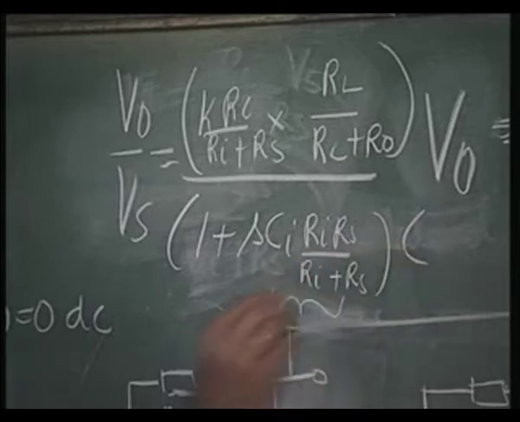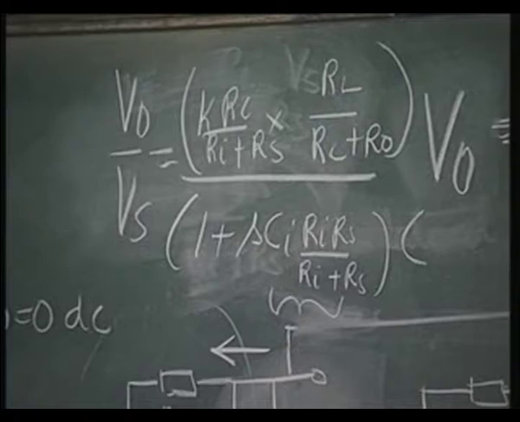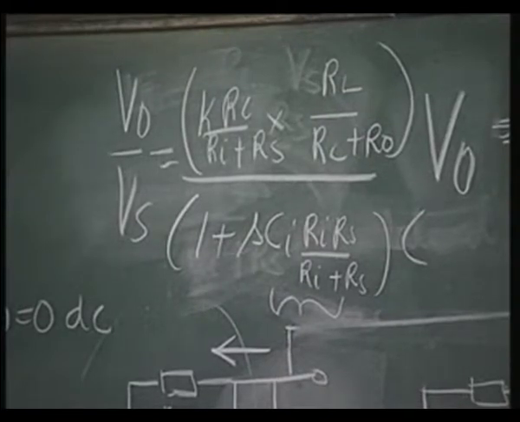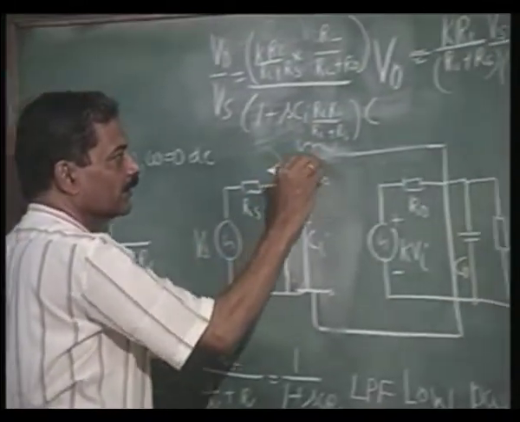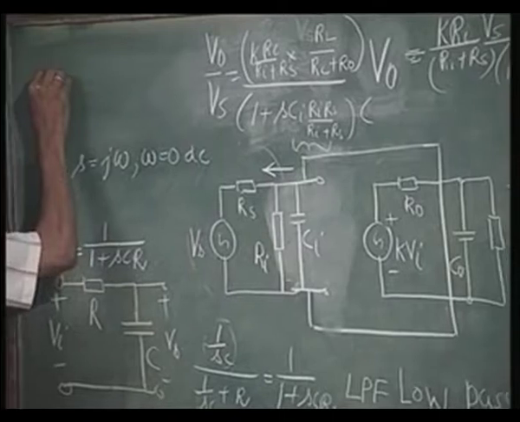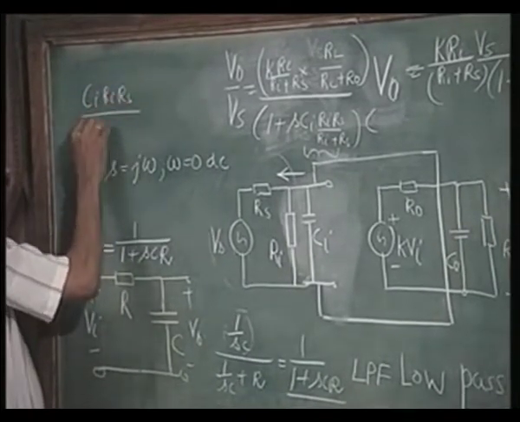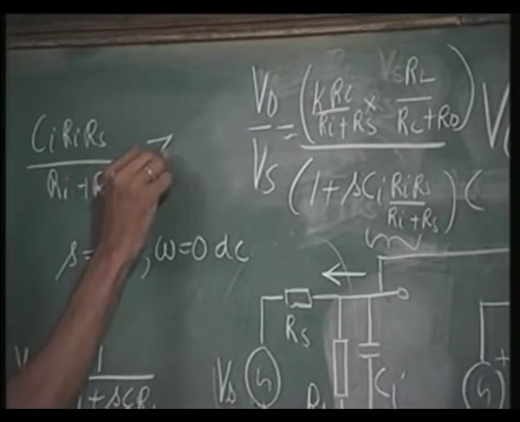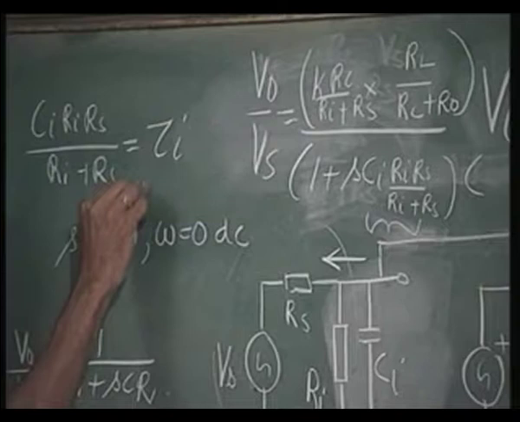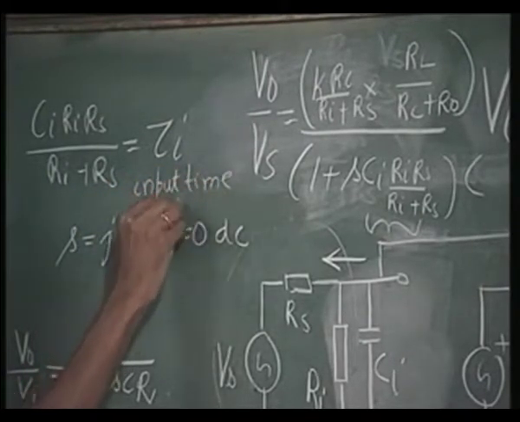This is called input time constant. Ci is the input capacitor, Ri Rs by Ri plus Rs is the effective resistance across the capacitor. So this is called the input time constant. We will call this as tau input, time constant.